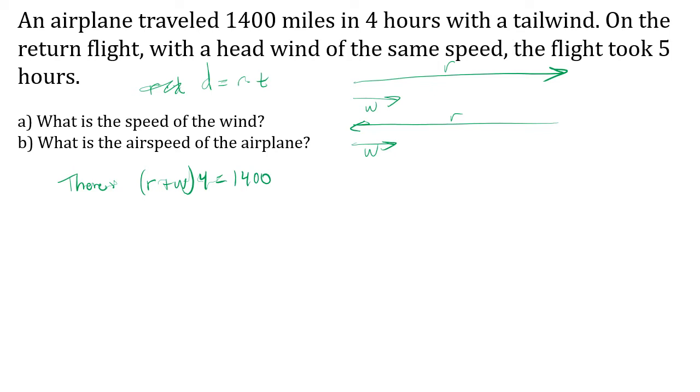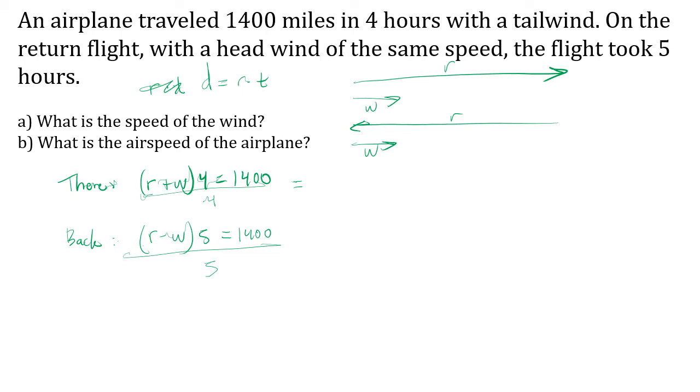And on the way back, the rate minus the wind, because it's going slower, took 5 hours and went 1,400 also. Now all we have to do is solve for R and W, and it's actually easier than it looks, because if we divide both sides of this equation by 4 and both sides of this equation by 5, what is 1,400 divided by 4?